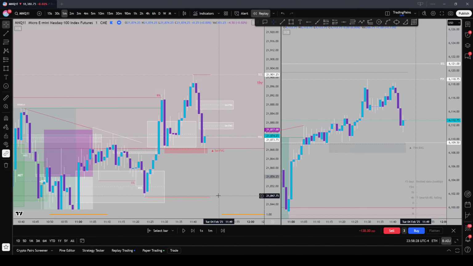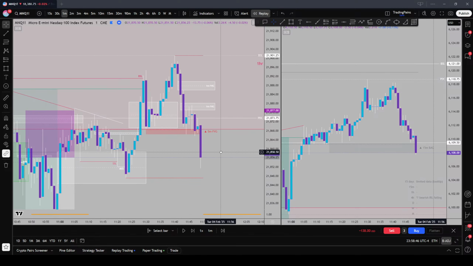Okay, see what it does with this candle. Tapped into it. Alright, it inverts that 5 minute. I may go in for... Huh. What the heck? Okay. Cool, it inverted it. It's great.